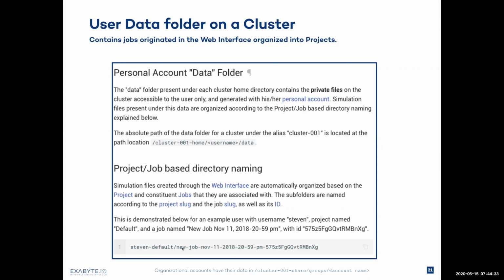And its name will reflect its actual name, its human-readable name inside the web application, with an ID inside the database attached to it. So it will look something like this, with the slugified, as we call it, machine-friendly human-readable name, plus the ID. So that is the way for you to understand which job corresponds to which folder on the infrastructure side.